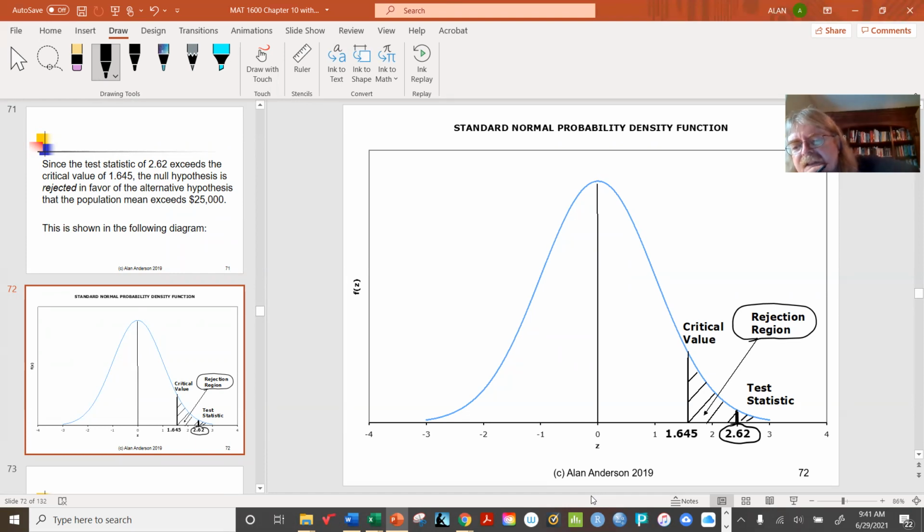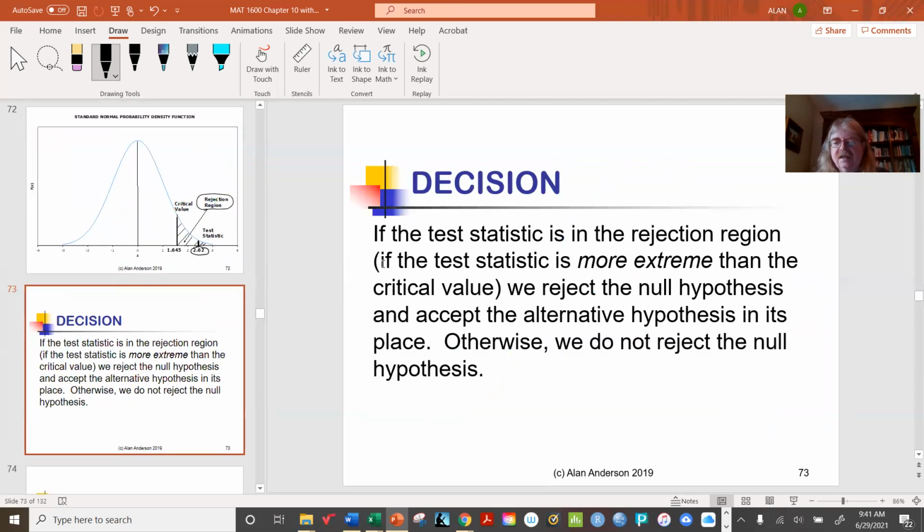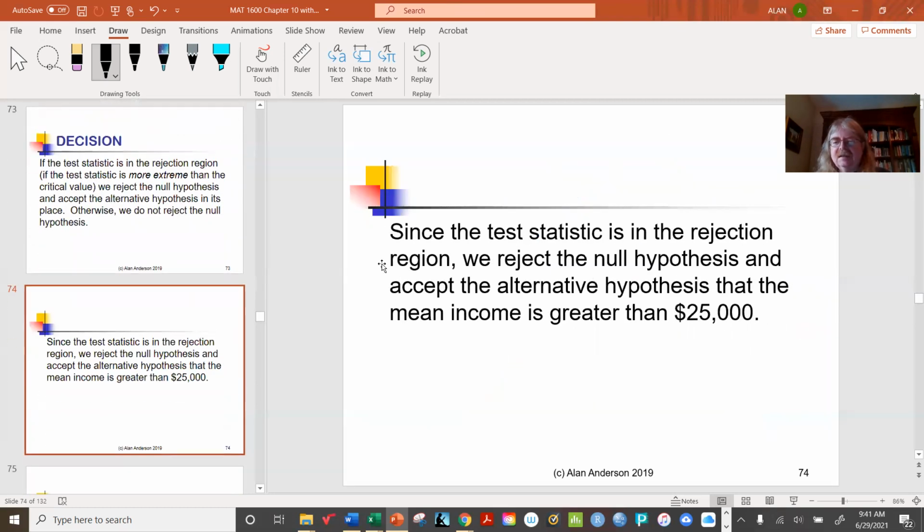So the test statistic is indeed in the rejection region. And that means we reject the null. So the decision then is to reject the null.